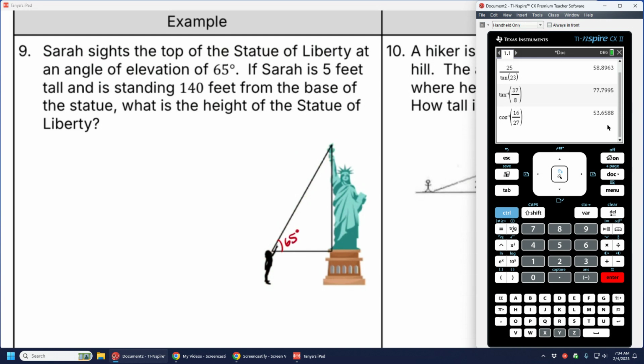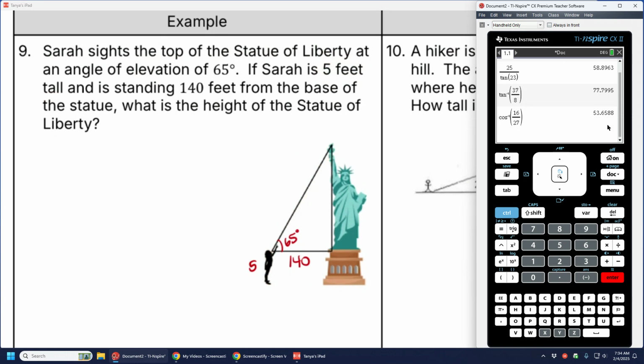That's my 65 degrees. Then it says, if Sarah is 5 feet tall, so I'm just going to write a 5 next to her. She's 5 feet tall and is standing 140 feet from the base of the statue. So if this is the base of the statue, I want this part right here, so that's 140.